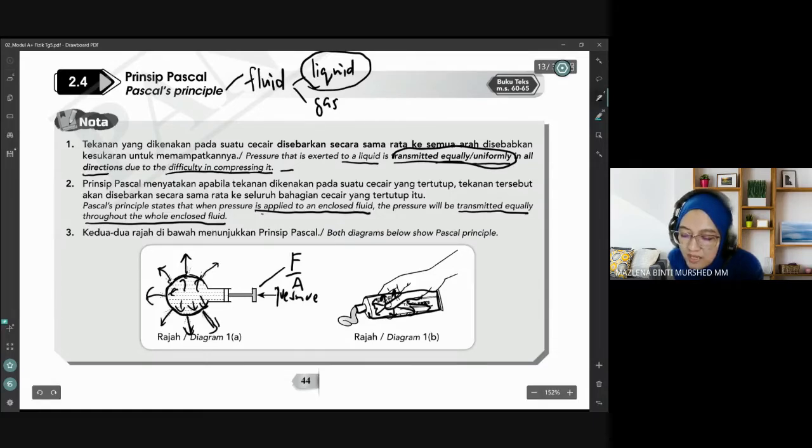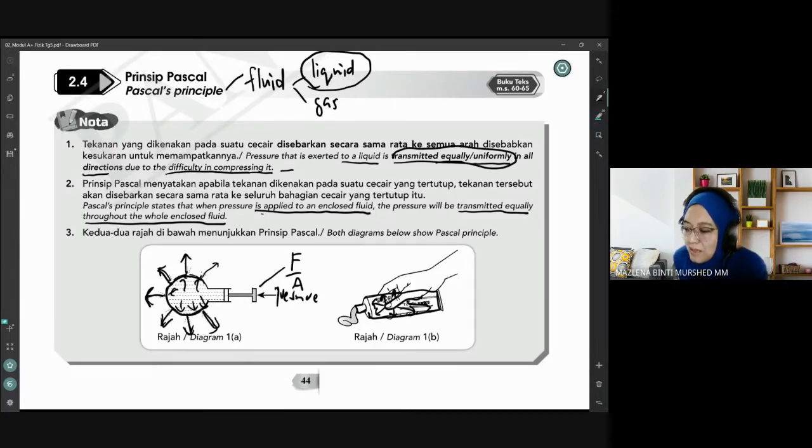Air yang keluar ni with the same speed, with the same amount lah, macam tu. Nak menunjukkan to show that the pressure are transmitted equally in the system. Alright. So both diagrams show the Pascal principle, which is the pressure applied to an enclosed fluid will be transmitted equally throughout the whole enclosed fluid. In a container lah, biasanya mestilah in a container. Kalau tak ada container, macam mana dia nak tersimpan ataupun nak distribute the pressure?